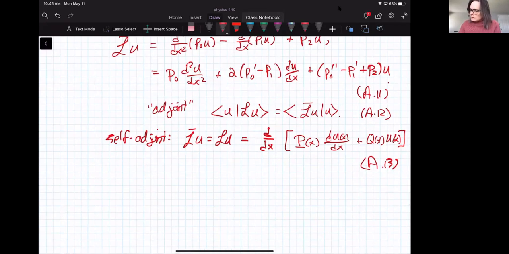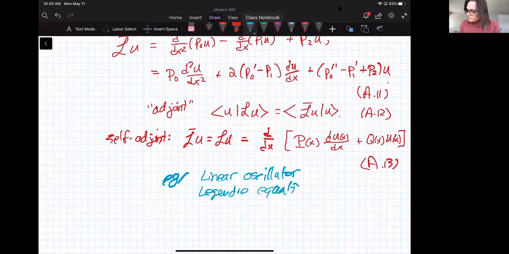Where have we seen this? Linear oscillator, Legendre equation. These are the form. This is a way of describing these differential equations.